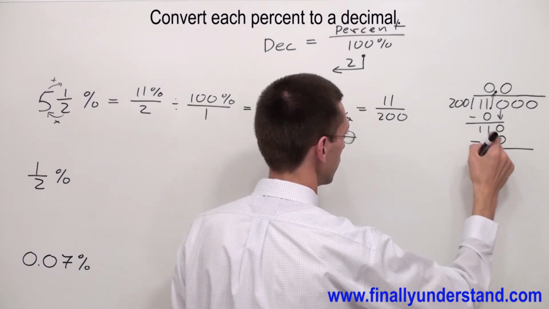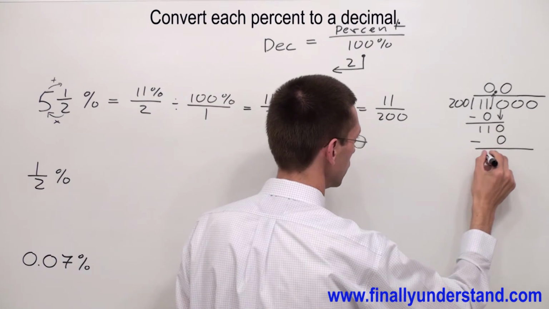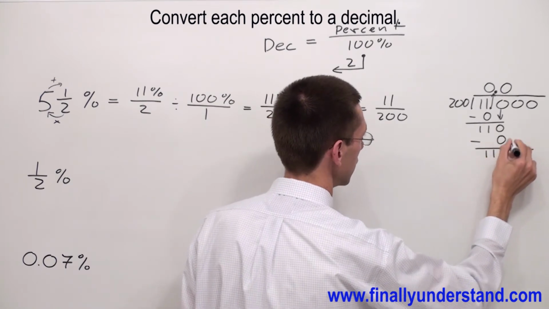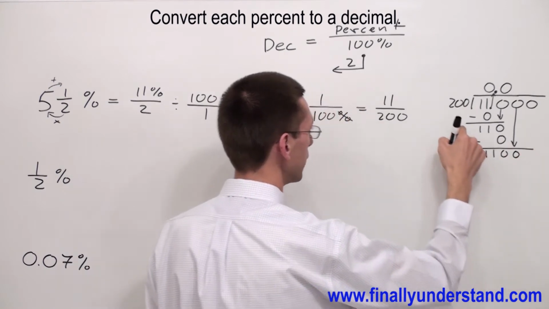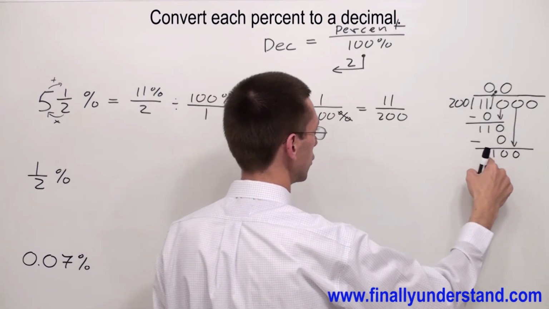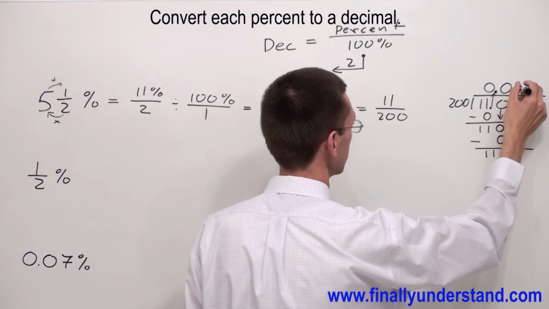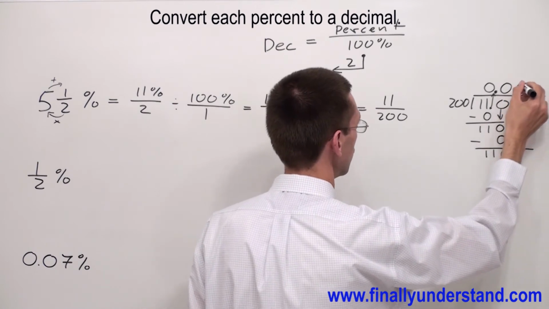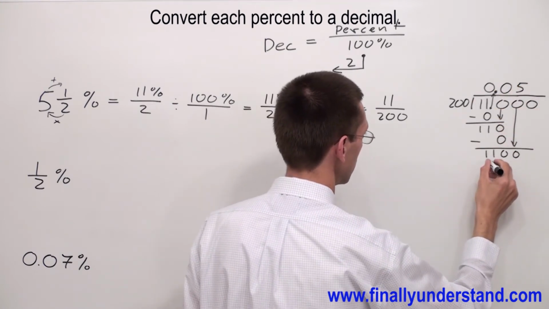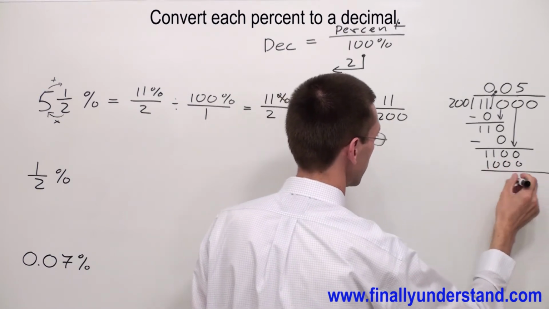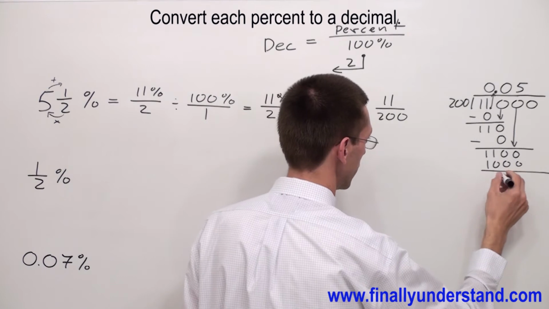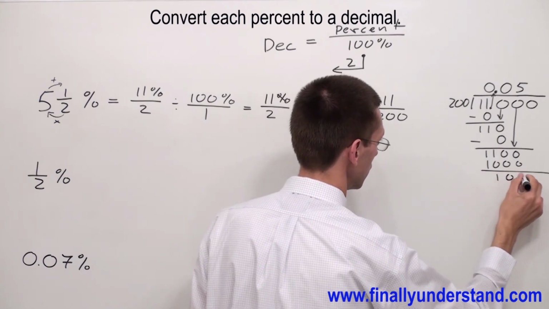And I have right now 110 minus 0 is 110, and bring down an extra 0. How many times does 200 go into 1100? 5 times. 5 times 200 is 1000. Subtract. 1100 minus 1000 is 100.